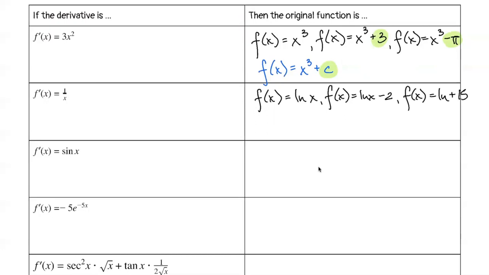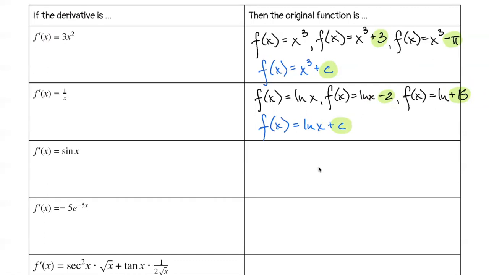I don't know what those numbers could have been, but I know there might have been a number there. And so when I write my original function, I want to say f of x equals natural log of x plus c. That plus c will just tell me there might have been a number there. We just have to make a space for it in case that number becomes important to find.